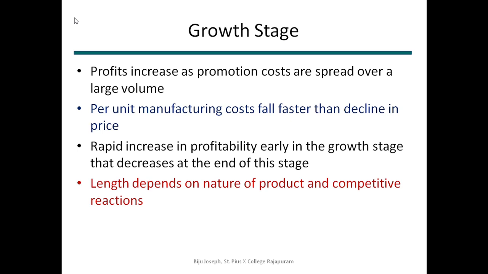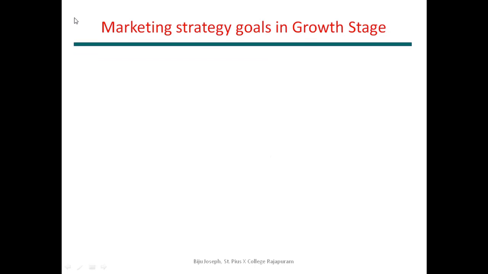When more number of competitors enter the market and sell vigorously, naturally the length of period may be comparatively less than a few players operating in the market. So the length depends on nature of product and competitive reactions.